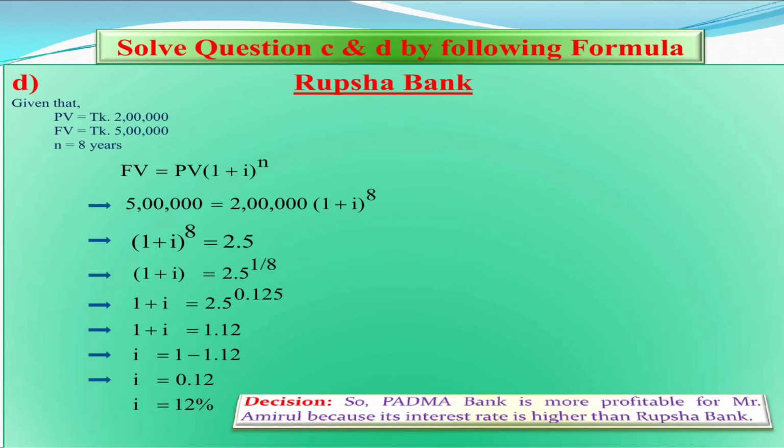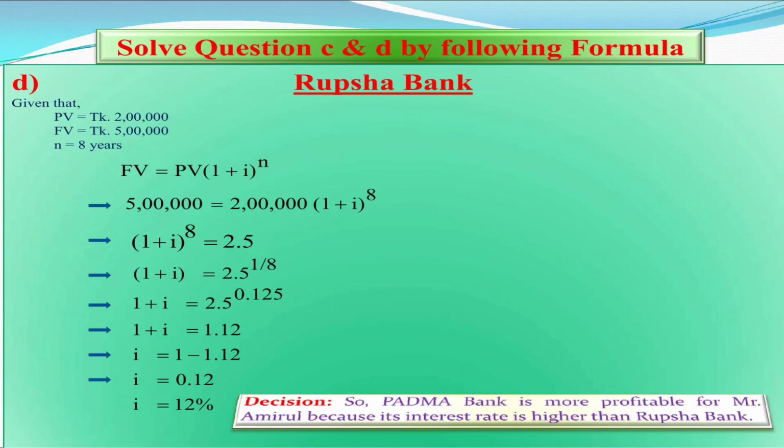As the interest rate of Padma Bank is higher than that of Rupsha Bank, very clearly we can say that Padma Bank is more profitable for Mr. Amirul because its interest rate is higher.